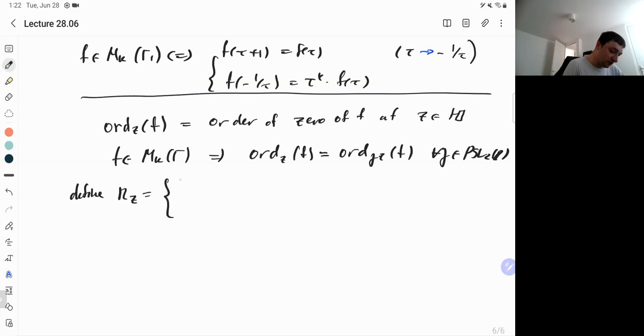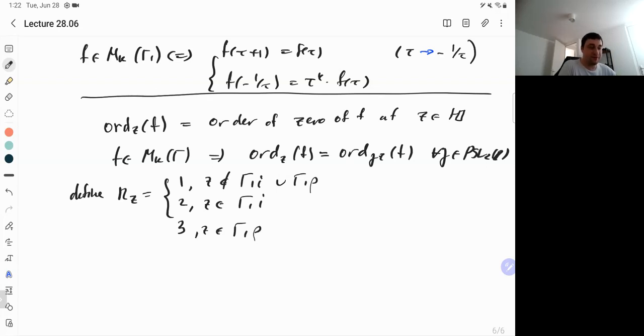Define it to be 1 if z is not in the orbit of i or the orbit of rho, 2 if z is in the orbit of i, and 3 if z is in the orbit of rho. Alternatively, you can define it as the order of the stabilizer, the number of elements in the stabilizer of z in PSL_2(Z). And with that, there's a formula.